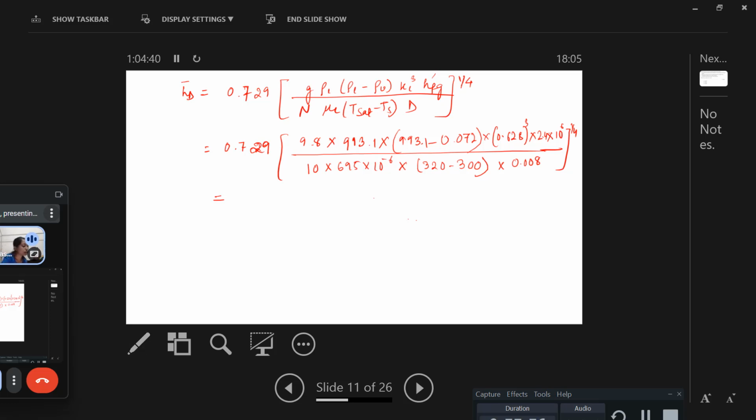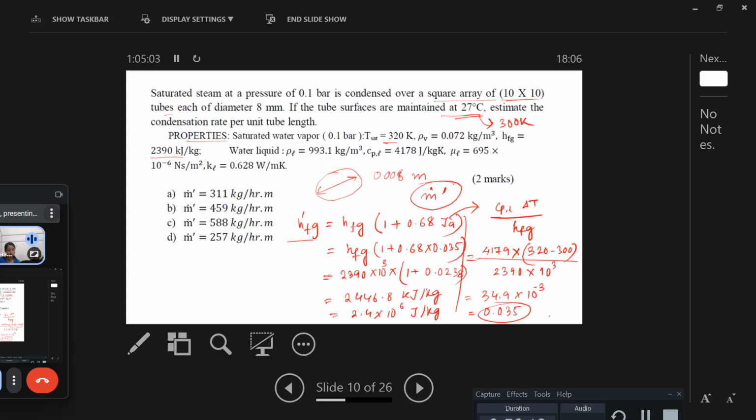Now if we calculate this, we get the coefficient to be around 6210 watt per meter square Kelvin. So what we were asked to find out? M dot prime.